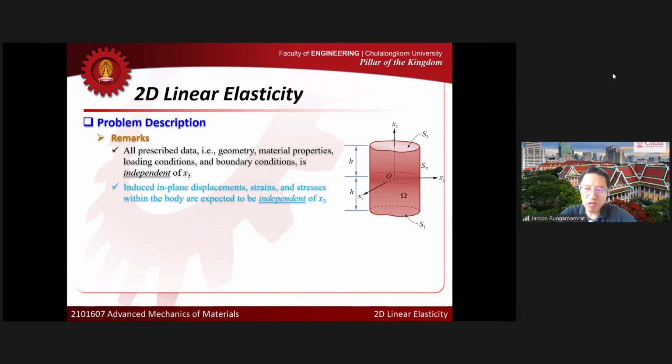So what will we expect based on the problem that we have with that kind of simple information?